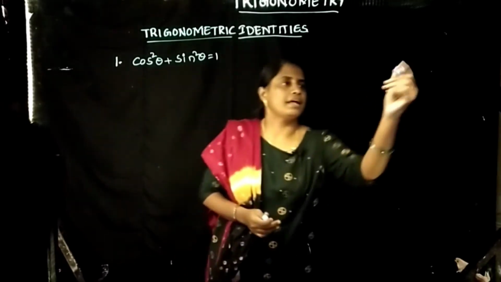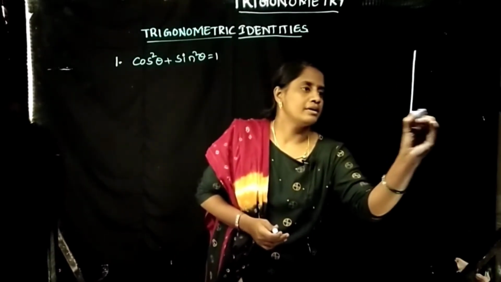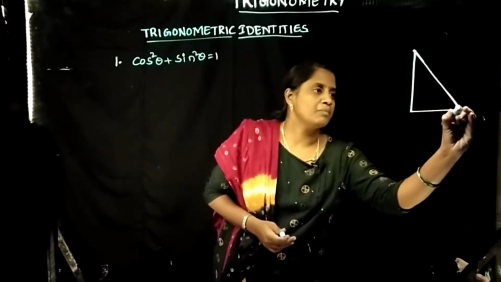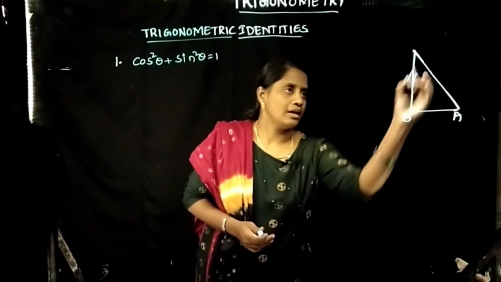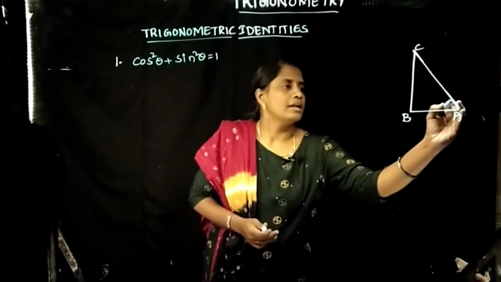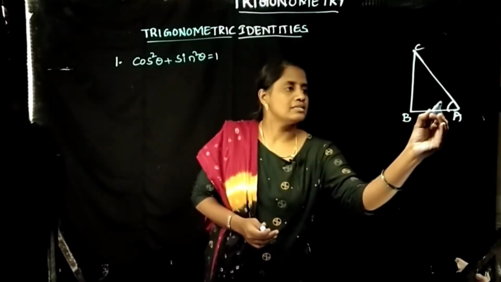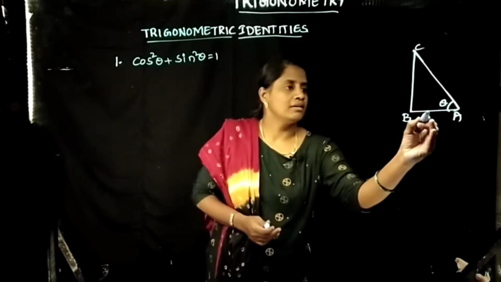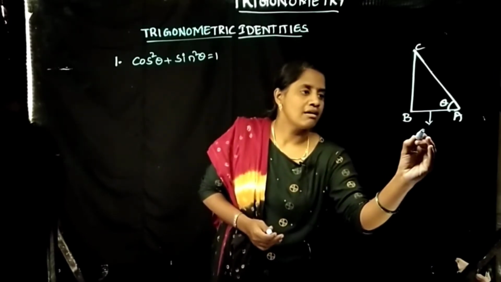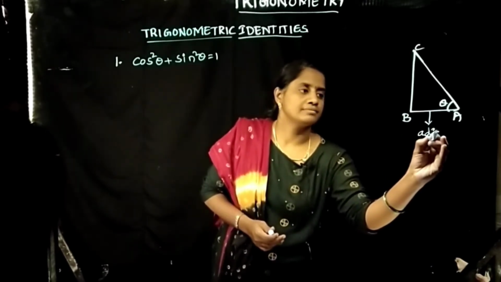Let there be a right angle triangle. The naming of this right angle triangle is taken as ABC. Here let angle A be equal to theta. According to theta, this is taken as the adjacent side.